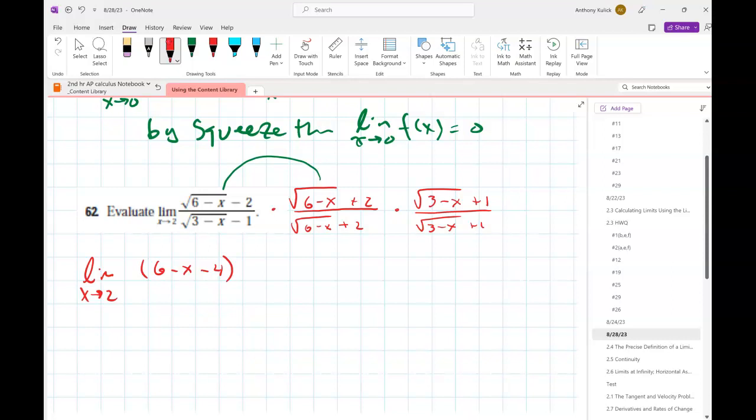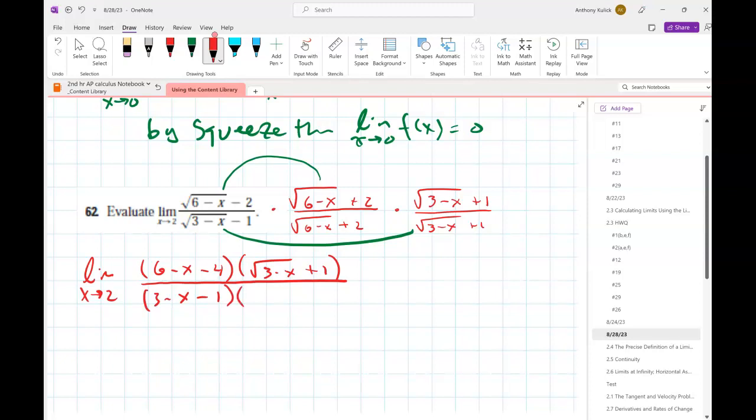Now I still have that other factor there, and maybe we'll multiply that out. Maybe we won't. We'll have to see what we got. And here I'm going to multiply those two together. Again, those are conjugates, so just like a difference of 2 squares. And that other piece I'm just going to let hang.